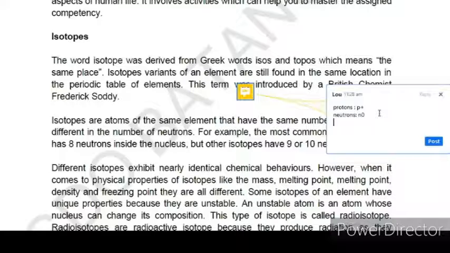The protons plus the neutrons gives you what we call the mass number. So the mass of an atom depends on the number of protons plus the number of neutrons. Some call this atomic mass. Now, another subatomic particle is called the electrons, and these give you the negatively charged particles.